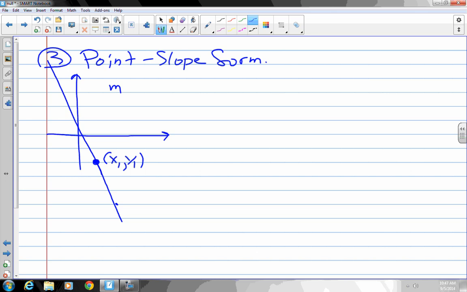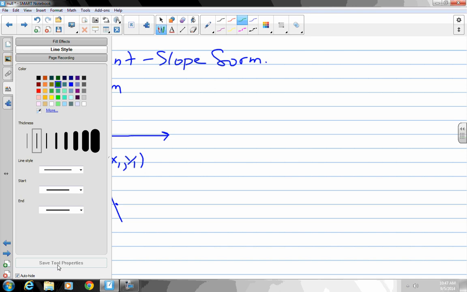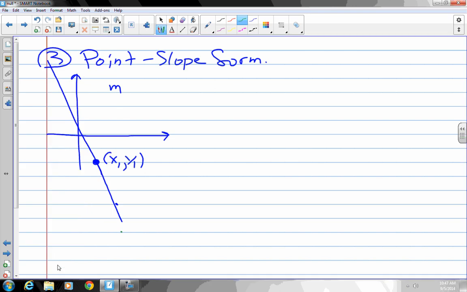Now, the idea is if I take any other point on this line, this point and this point, or this point and that point, and compute the slope between any pair of points on the line, it's always going to come out to be -3, or whatever was given to me. Do you agree with that? Slope remains the same regardless of which 2 points I pick on the line, right?